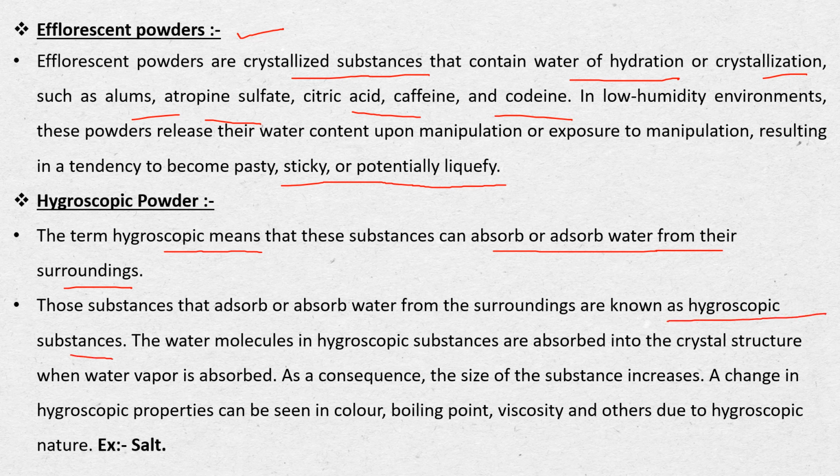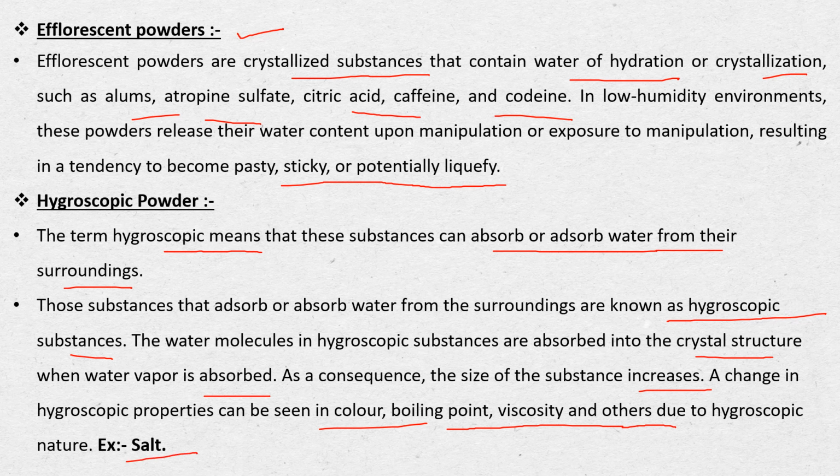The water molecules in hygroscopic substances are absorbed into the crystal structure when water vapor is absorbed. As a consequence, the size of the substance increases. The change in the hygroscopic property can be seen in color, boiling point, viscosity and others. For example, we can see salt here.